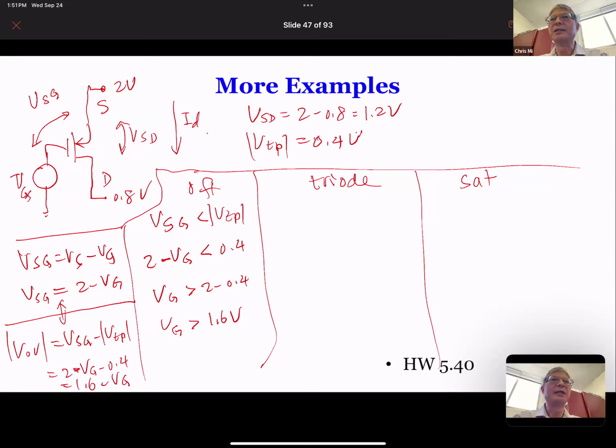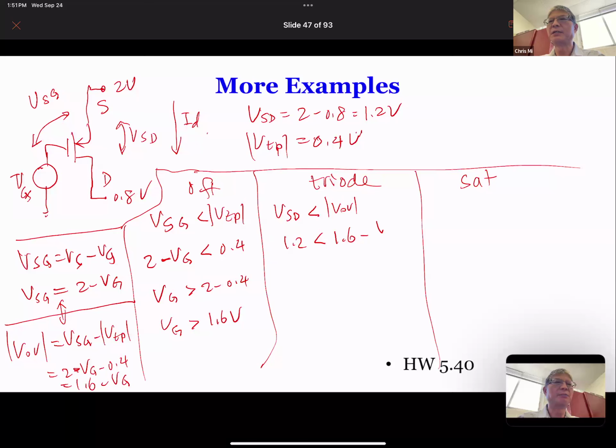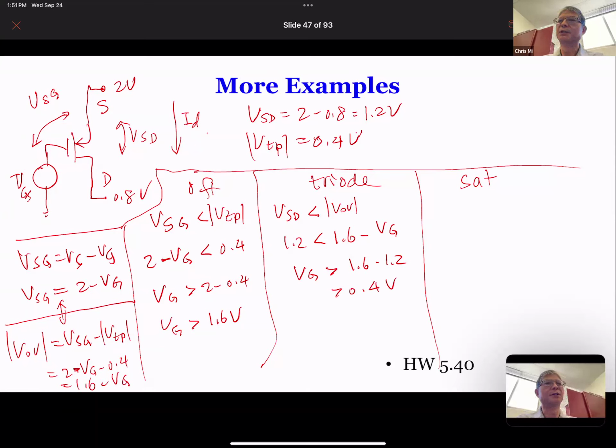Now let's look at VSD has to be less than VOV, which means VSD, already given as 1.2, has to be less than 1.6 minus Vg, which means Vg has to be less than 1.6 minus 1.2, which is 0.4 volts. So that's going to be the triode mode.